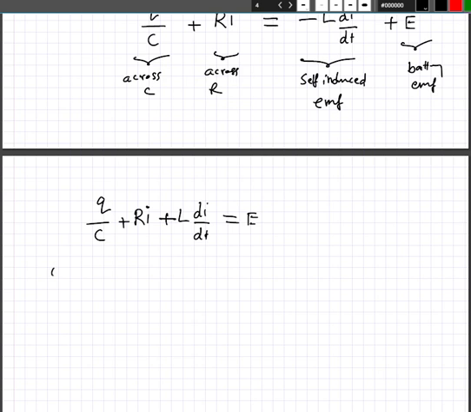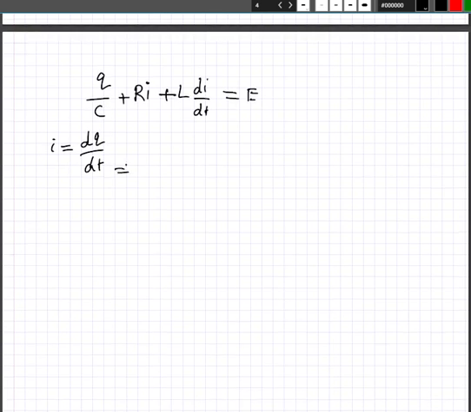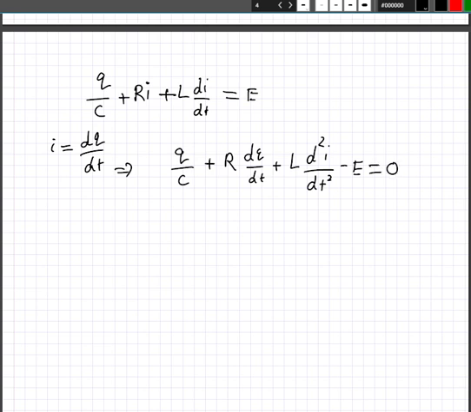We know that I is equal to dq by dt, and substituting that we get Q by C plus R into dq by dt plus L into d square q by dt square is equal to E, or Q by C plus R dq by dt plus L d square q by dt square minus E is equal to 0. I call this equation 1.